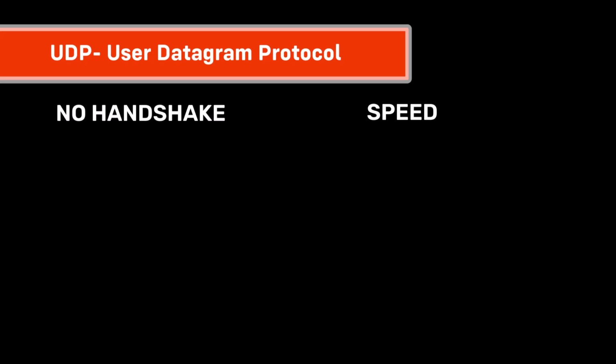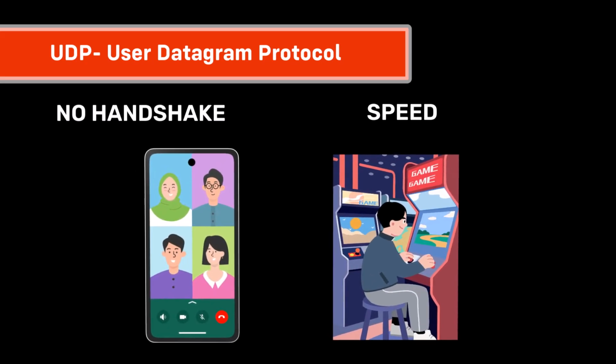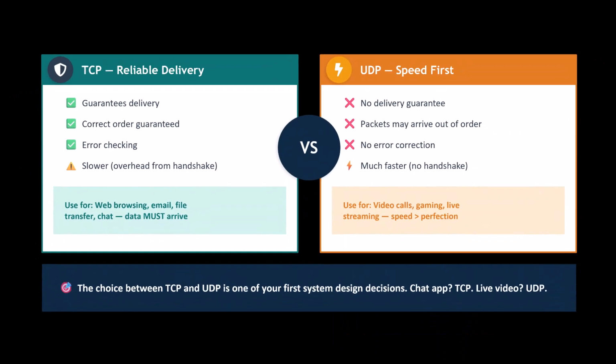When you are video calling on Zoom or playing an online game, you would rather have a tiny glitch than wait for the network to resend a lost packet. One slightly corrupted frame is better than a frozen screen. So in UDP, even if you miss some packet, even a frame in your video, it's fine for you, right? If that is the use case, then people will go for UDP.